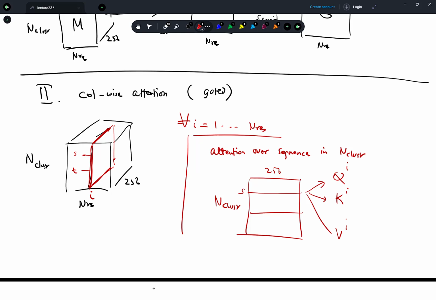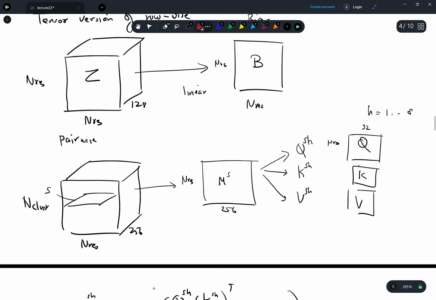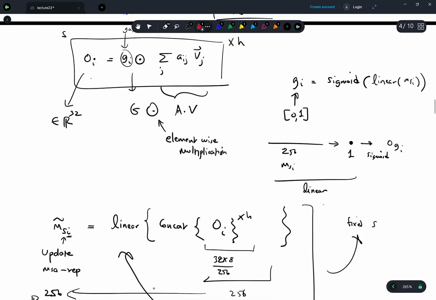Essentially, for any given row of this matrix, I want a query S, a key S, and a value S. Look at the difference here. If I go back, Qi, Ki, Vi, this was over the n-res dimension.